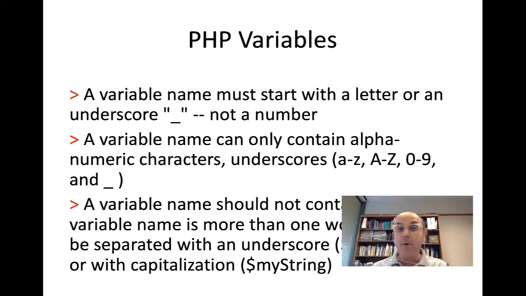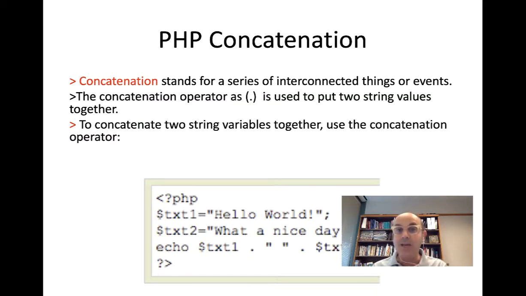And a variable name can only contain alphanumeric characters and underscores, A to Z, capital Z, 0 to 9, and an underscore. All of that are part of our way for us to contain the idea of the variables that we want to hold.